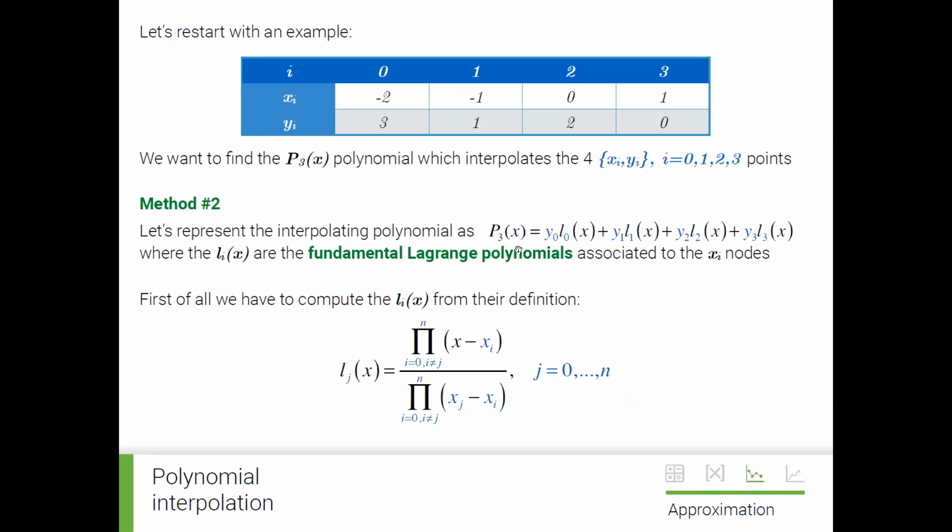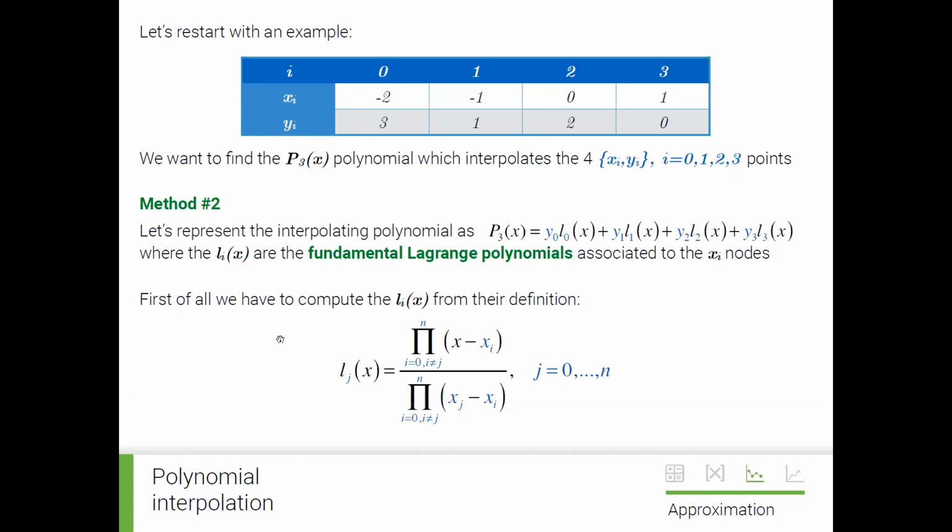You can see here P3 of x is y0 L0 of x plus y1 L1, y2 L2, and y3 L3, where Li are the fundamental Lagrange polynomials associated to the xi nodes here. So we have xi nodes, we have yi, so we need to find this Li now.